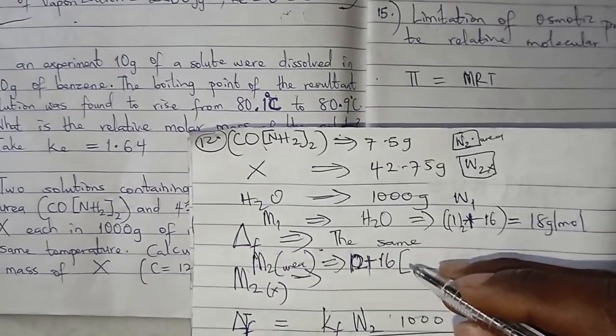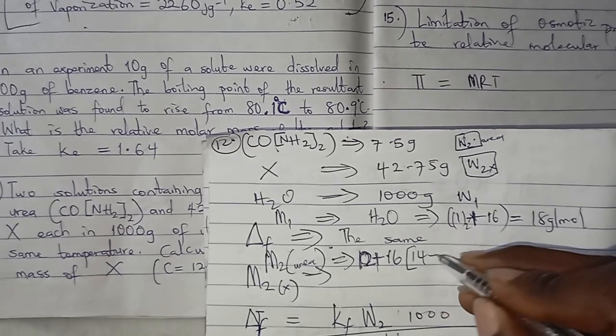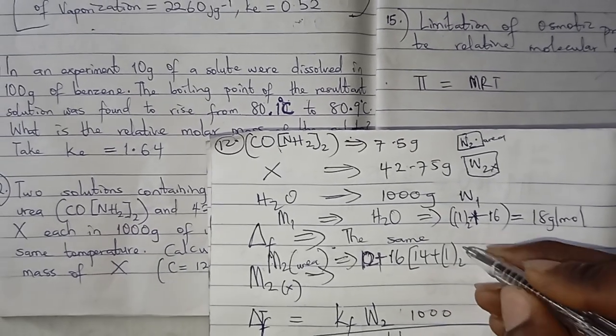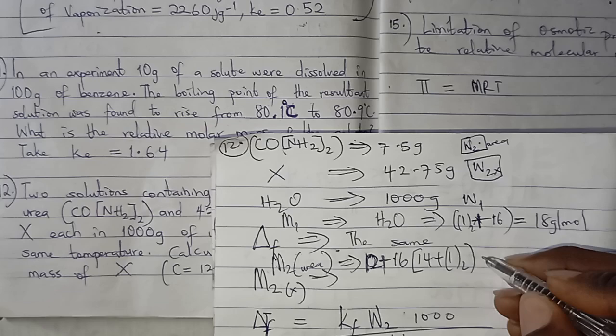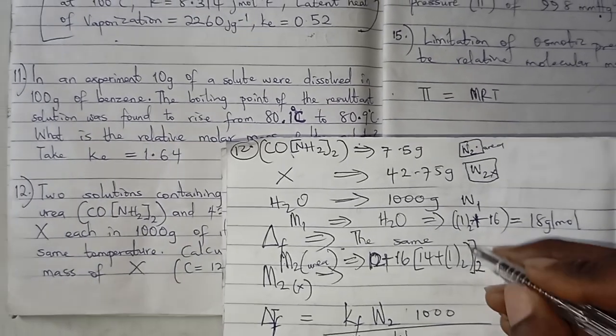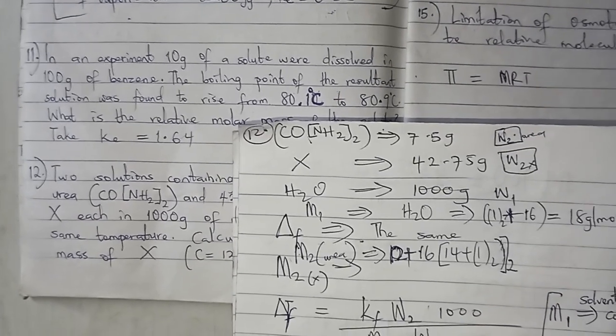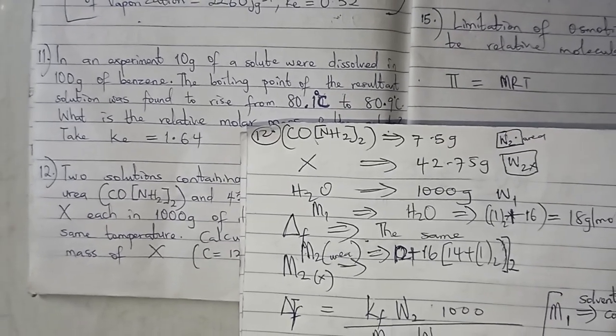All into nitrogen, they gave me 14 plus 1 into 2. Then everything here is getting multiplied by 2. Let's do the maths.